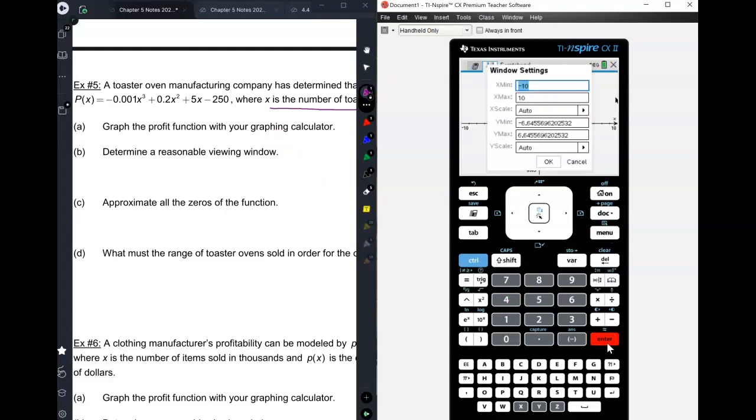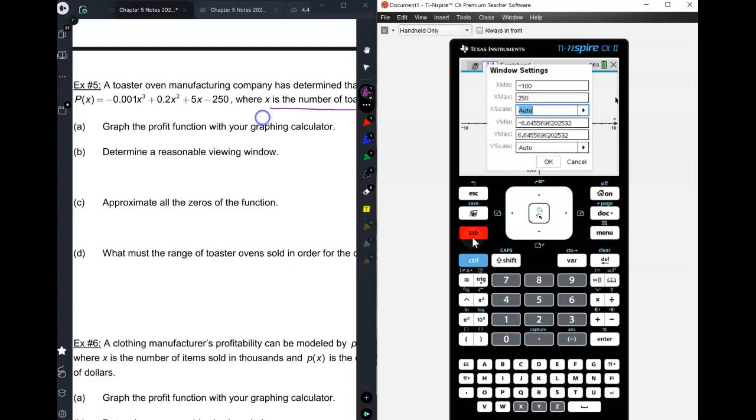Okay, so here's what I'm gonna do. I'm gonna go maybe from negative 100 to 250. Now listen to me. This is the number of ovens sold. And I remember you can't sell negative numbers of ovens, but we're going to do this in order for us to get the entire function.